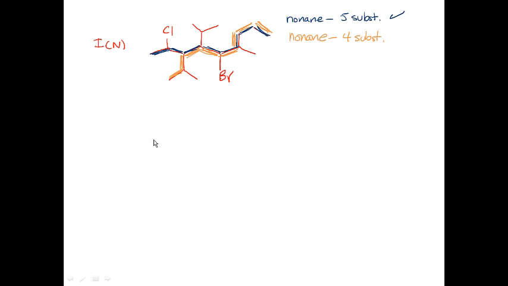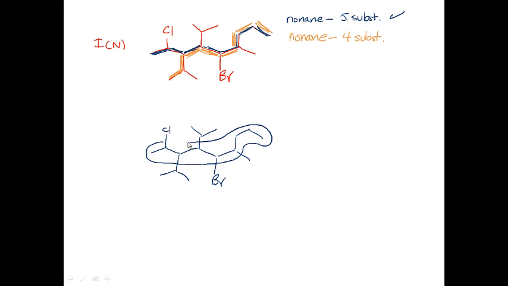So down here, let's not even bother with that. Let's just go down here. Let me rewrite the molecule. And so my longest continuous carbon chain is going to be this one.